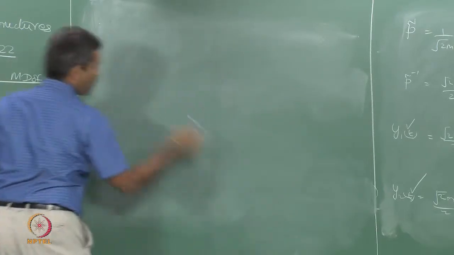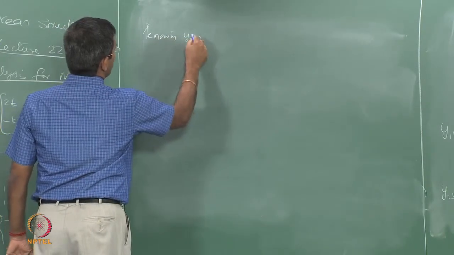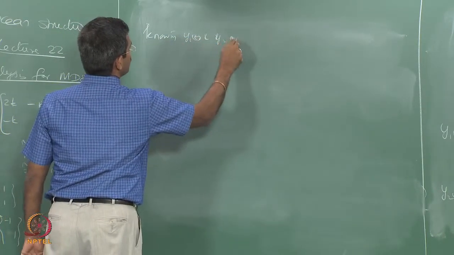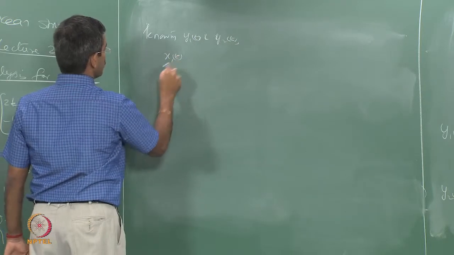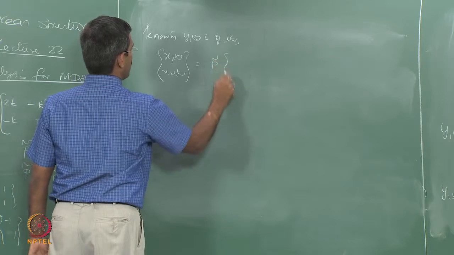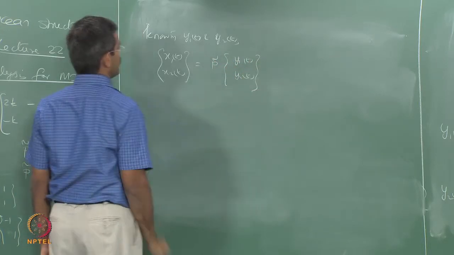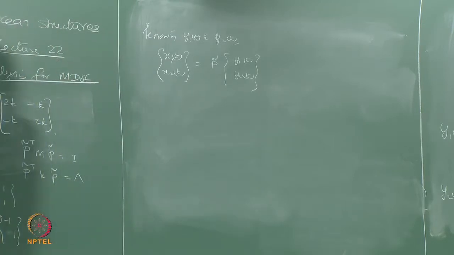So, knowing y1 of t and y2 of t, x1 of t, x2 of t can be simply found out as P tilde of y1 of t and y2 of t, because P tilde is known to me.